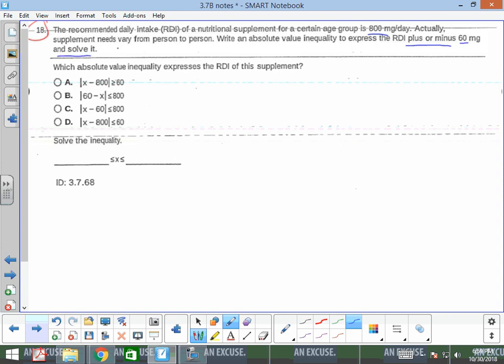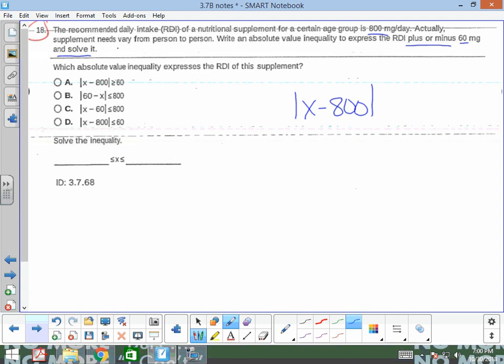Okay, so we're going to take the absolute value of x minus 800, because we're going to subtract 800 from the actual RDI, and that's going to be less than or equal to 60.